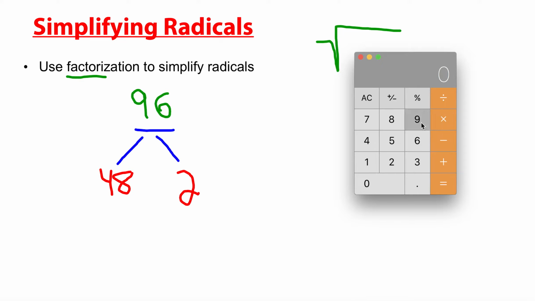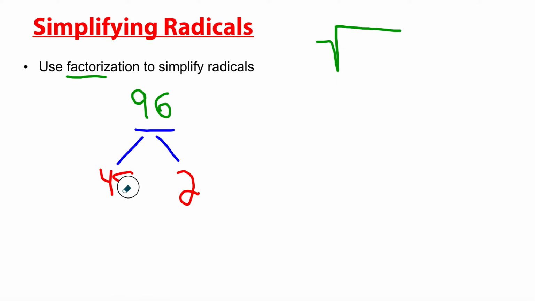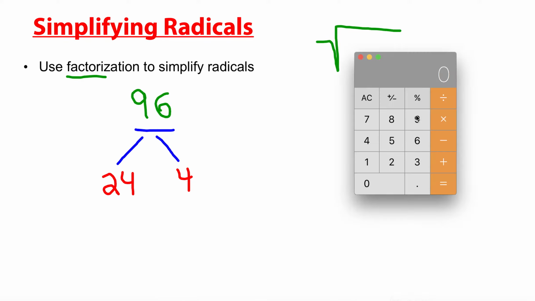Let's see what's the next even number? I don't know, 4. So let's divide 96 by 4. 24 and 4. So instead of using 48 and 2 here, two more factors of 96 are 24 and 4. But I'm going to keep going just to prove a point. Let's see if 96 is divisible by 6.